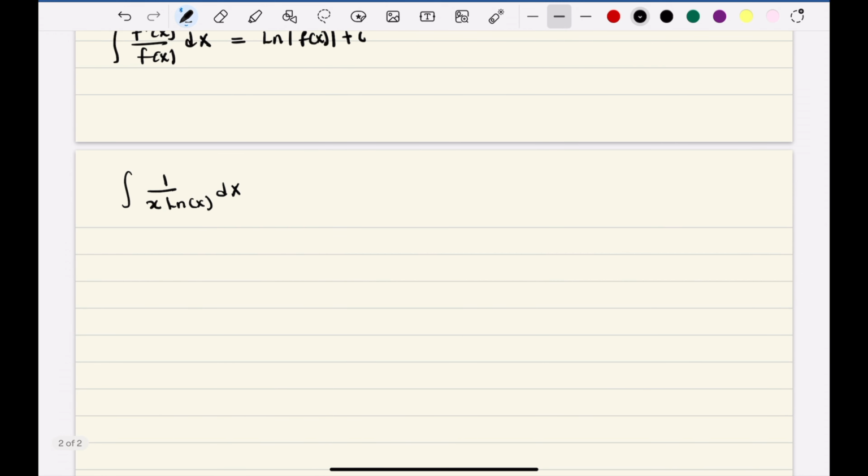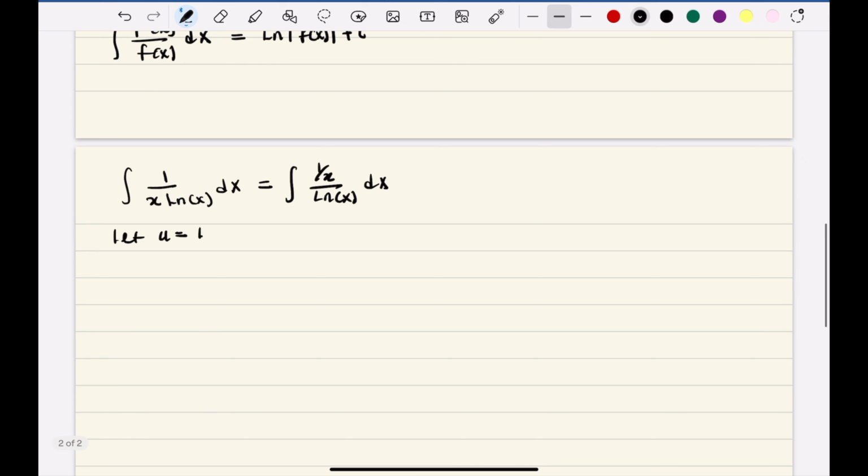Basically, we can write this as 1 divided by x, divided by ln x dx. Okay, if I let my u be ln x, what you want to watch out for in using u substitution is that you need to differentiate one of the expressions there.